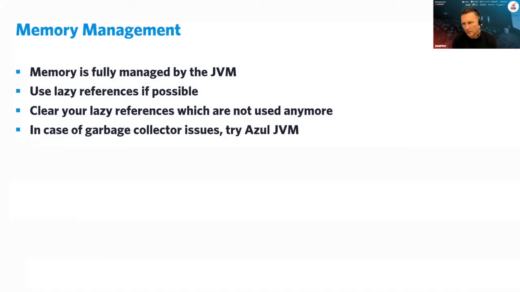All the lazy references can be cleared at any time to save memory, to save RAM. We say that with Azure JVM, you can also use huge memory sizes without any garbage collector issues.